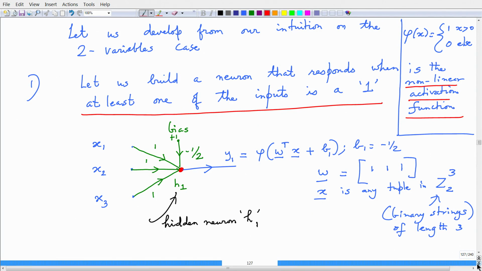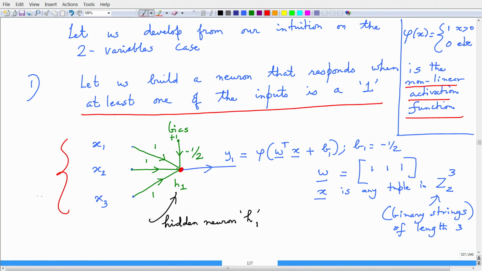So, let us build a neuron that responds when at least one of the inputs is a 1. That means variable x1 can be a 1, variables x1 and x2 can be 1, variables x1, x2, x3 can be 1, right. At least one of the inputs should be 1 or more. So, we will start with this signal flow graph. I have inputs x1, x2 and x3.